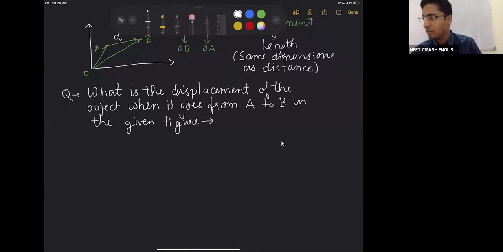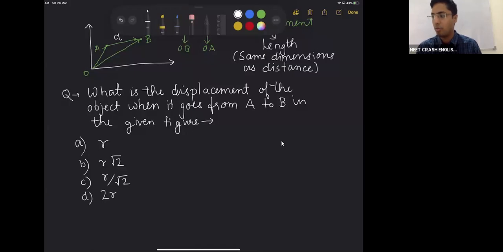Let me give you the options first: R, R root 2, R by root 2, and 2R. So basically the object is at A, moves a quarter of a circle, and goes to B. The circle has a radius of R.